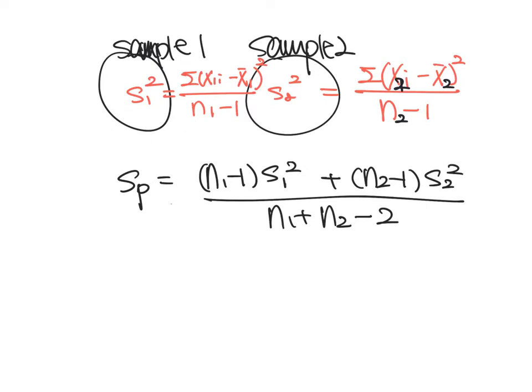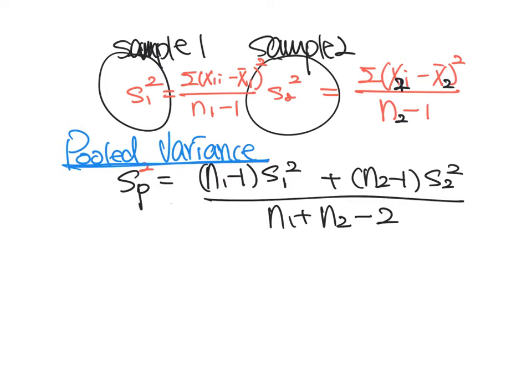Then I have to take square. Now I call it pooled variance. Without the square root, with the square, it is the variance, pooled variance.